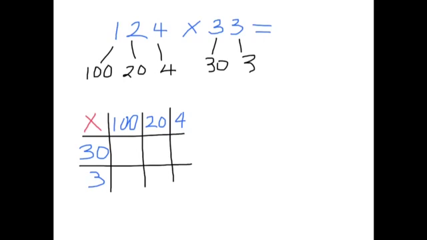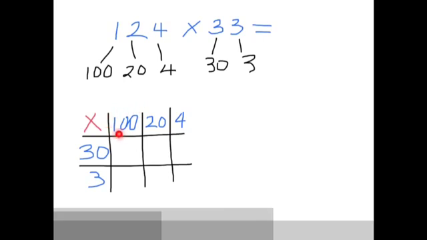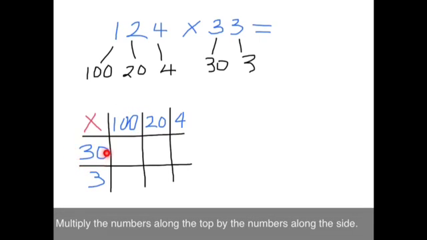Just like before, multiply the numbers along the top by the numbers along the side. So start off with 100 multiplied by 30, which gives you 3,000. 20 multiplied by 30, which gives you 600. 4 multiplied by 30, which gives you 120.